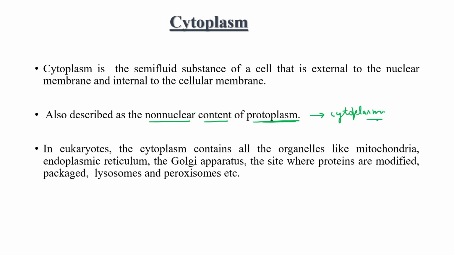In eukaryotes, the cytoplasm contains all the organelles like mitochondria, endoplasmic reticulum, Golgi complex, and all kinds of other organelles.